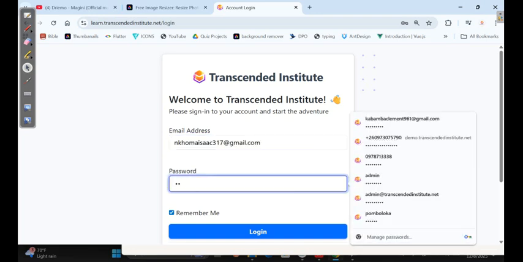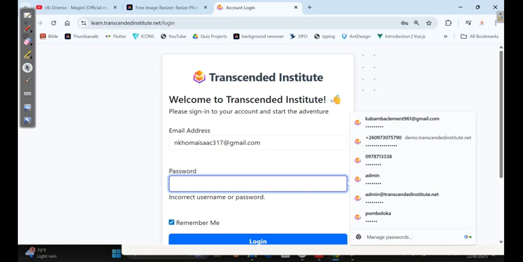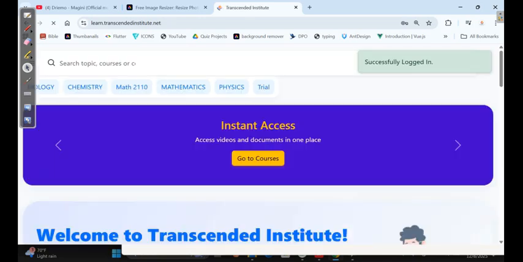If you don't have an account, you can just create an account, and once you create an account, then you log in. It's telling me that the password is wrong. Anyway, I think it should be this one. If this is going to fail, then I don't know. Yeah, I've managed to log in.